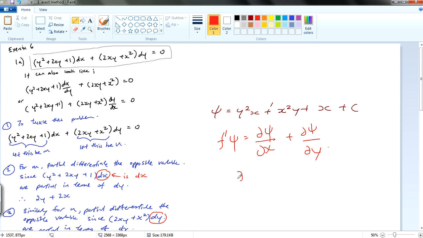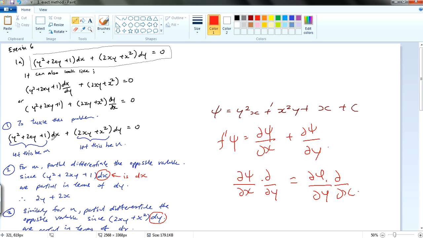So can I say that partial xi partial x, differentiated with respect to y, equals partial xi partial y, differentiated with respect to x? If you differentiate in terms of y, and if you differentiate in terms of x over here, are they the same? They are the same. This is why, if this is the same as this, it is exact. So this is what we are doing in this portion. Let this be m. We call it m.